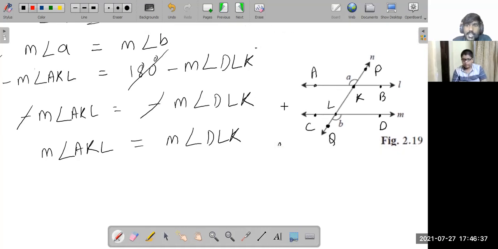So measure angle AKL is this one, and measure angle DLK is this one.